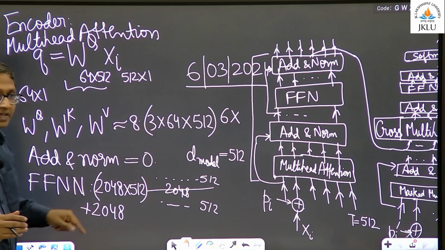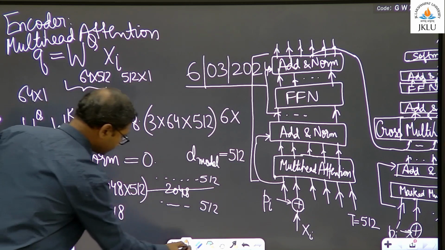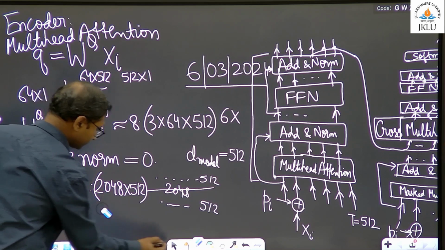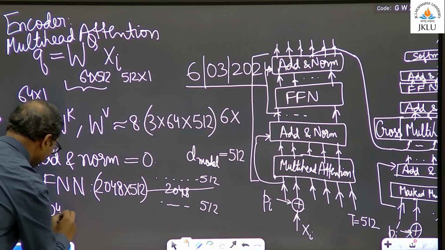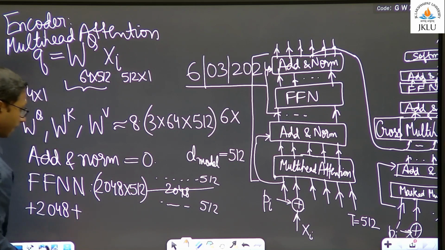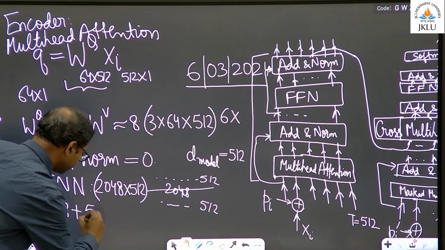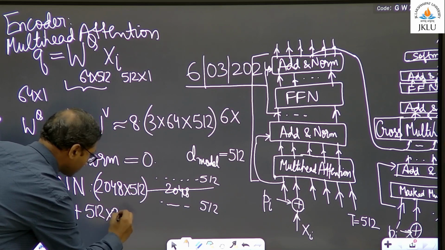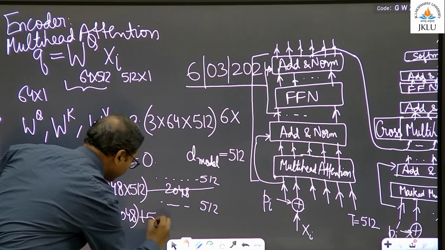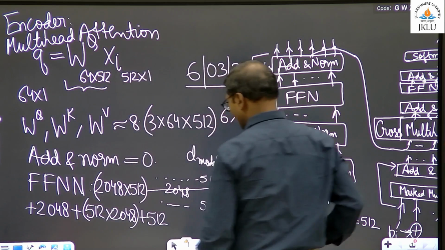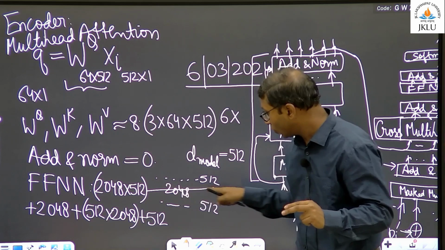Now, what about the next layer? So plus 2048 plus 512 cross 2048 plus 512. Now, as they say in the paper, they take nonlinearity, which is ReLU, only on this layer.